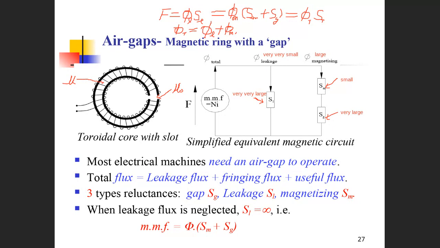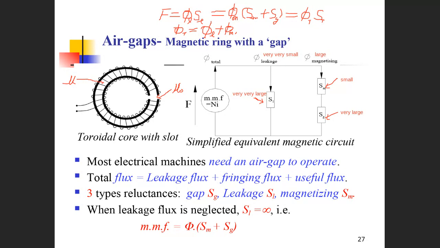This is very similar to Kirchhoff's current law at these points. The total flux equals the leakage flux plus the magnetizing flux. That is Kirchhoff's current law. And F equals phi L times SL, equals phi M times Sm plus Sg, which comes from Kirchhoff's voltage law. Similar. So the total flux times the total reluctance, and the total reluctance here is the parallel of these two.